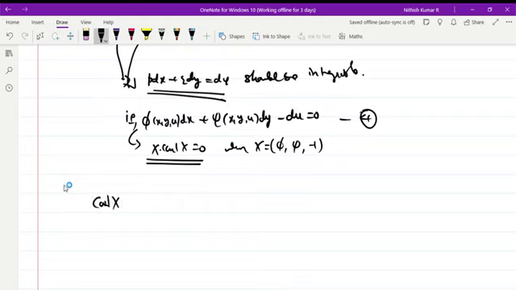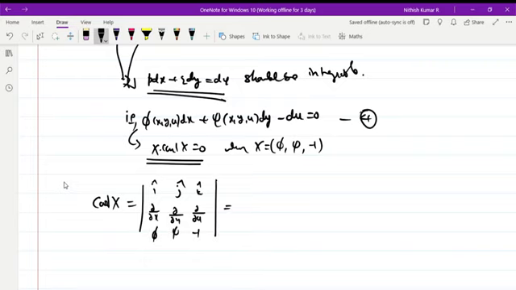Now, using our discussion from the Pfaffian differential equations, the integrability of this is given by the condition X dot curl X equal to 0, where X equal to (phi, psi, minus 1). So let's verify X dot curl X equal to 0. Before that, let's find out what curl X is. It is the determinant with i hat, j hat, k hat, dou by dou x, dou by dou y, dou by dou u, and phi, psi, minus 1.